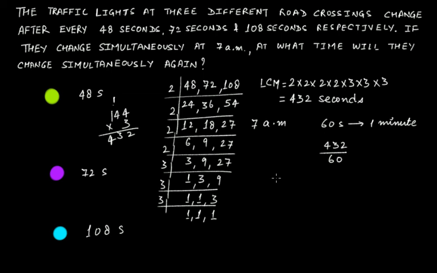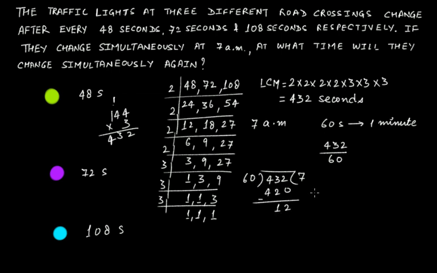If you divide 432 by 60, this will be 7 times 60 is 420, and minus this will be 12.